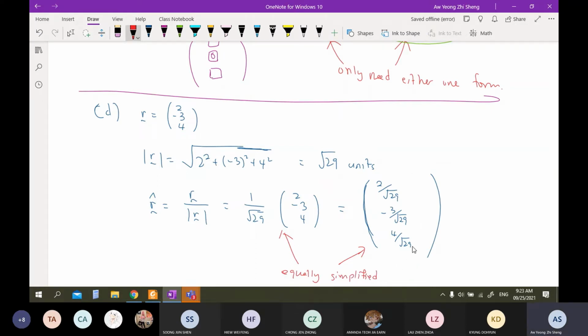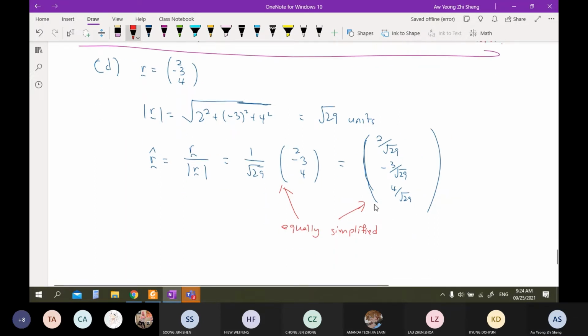Both are equally good to be left as the final answer, because even after you distribute your division by root 29 into the bracket, nothing gets simplified. So sometimes you might see the answer being given in this form, where they factor out the fractional coefficient, because these two forms are regarded as equally simplified.